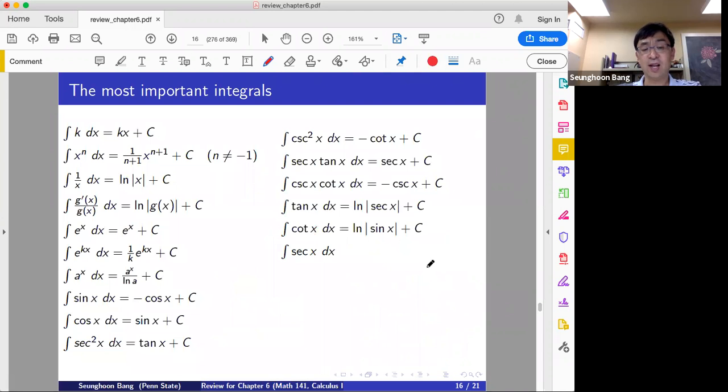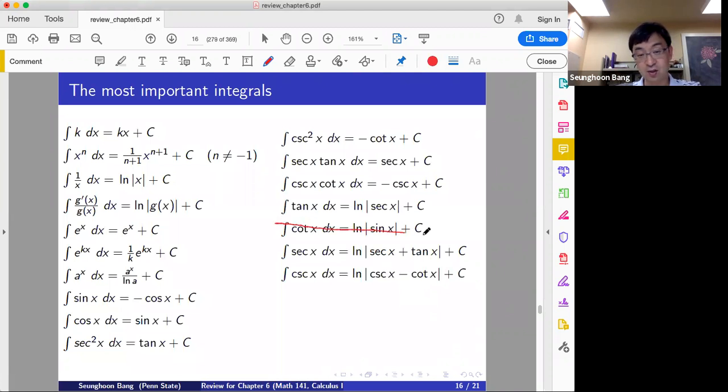Do you know the integral of secant x dx? I don't explain this procedure. This is like a formula. ln of the absolute value of secant x plus tan x plus c. The integral of cosecant x dx is ln of the absolute value of cosecant x minus cotangent x plus c. Let me see.